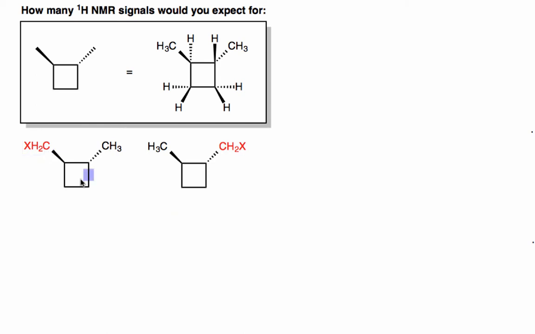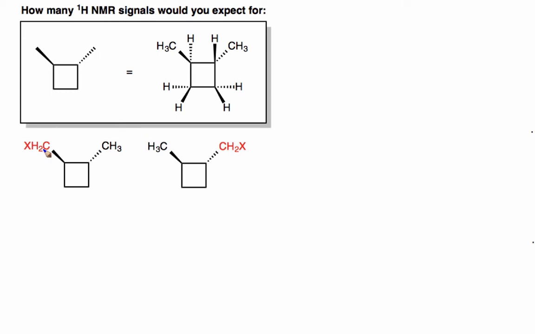Are the hydrogens on the methyl groups chemically equivalent or chemically distinct? We'll draw two versions of the molecule. In the first version, I replaced one of the hydrogens in this methyl group with an X. In the second version, I replaced one of the hydrogens in the other methyl group with an X. We know for each methyl group, all three of those hydrogens are equivalent, so we won't deal with those.